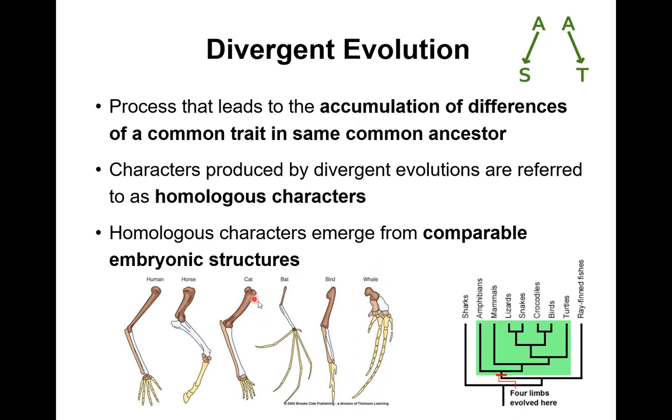So these structures all evolved through divergent evolution, so they're all homologous structures. They evolved from a common ancestor, which was a tetrapod, which then adapted to different environments, basically acquiring differences among them. So this is a type of divergent evolution, and this type of character you're studying here will be referred to as a homologous character.